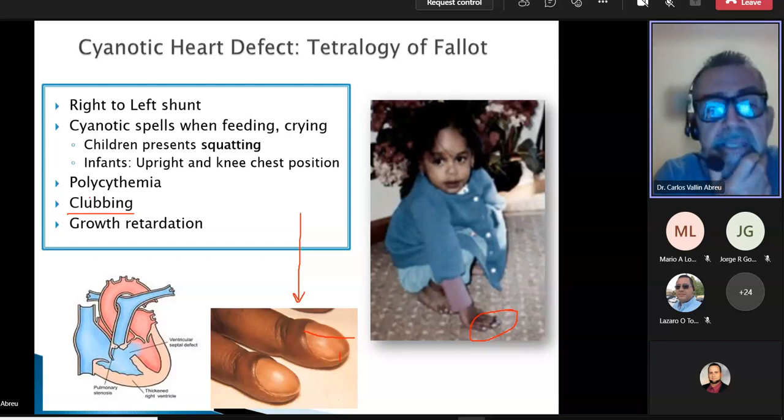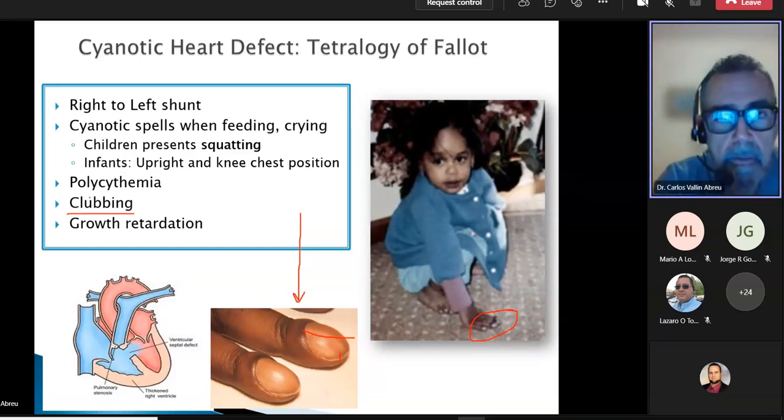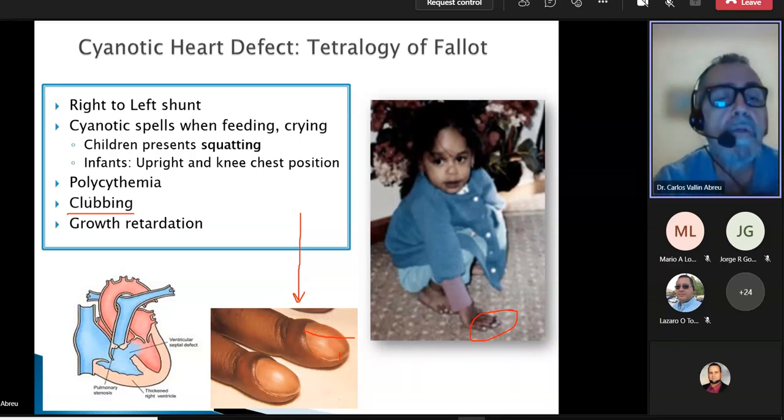Clubbing is found when there is chronic, long-term cyanosis, chronic hypoxemia, low oxygen in the blood, and you can see it in COPD, cystic fibrosis, pulmonary fibrosis, tetralogy of Fallot, all those conditions that produce chronic problems of oxygenation.